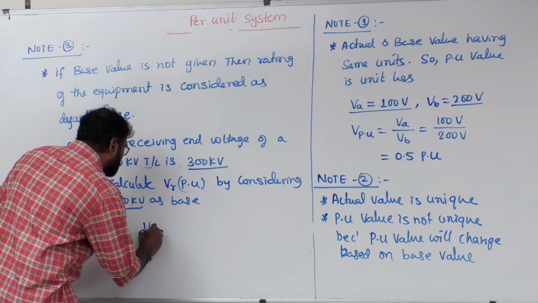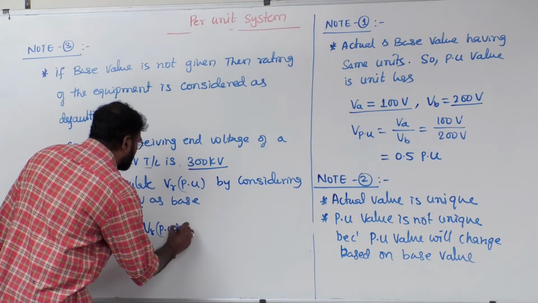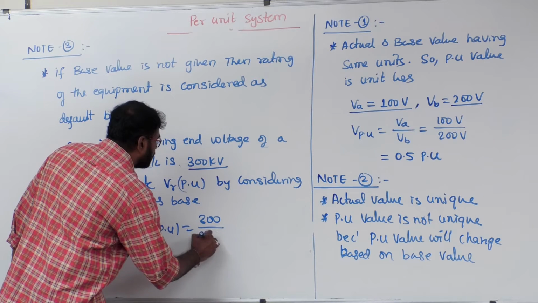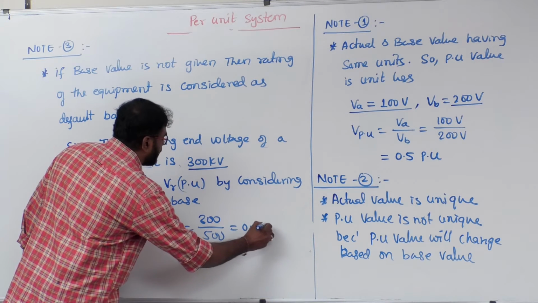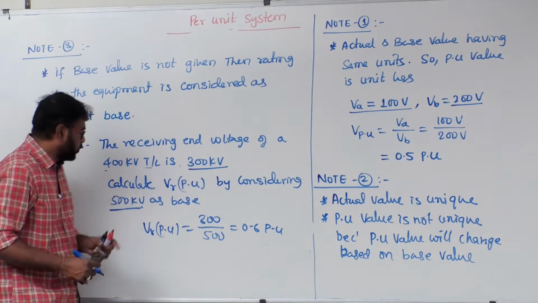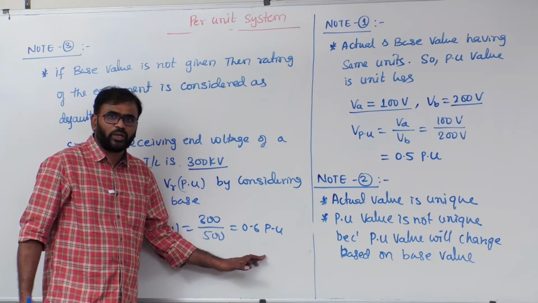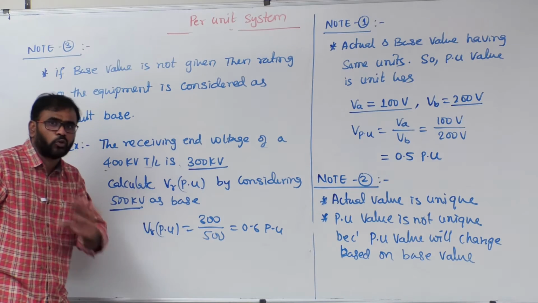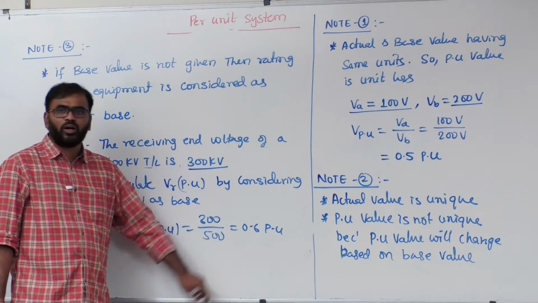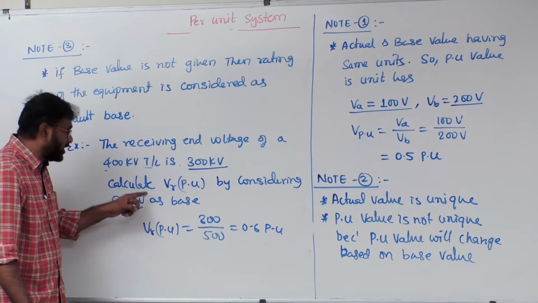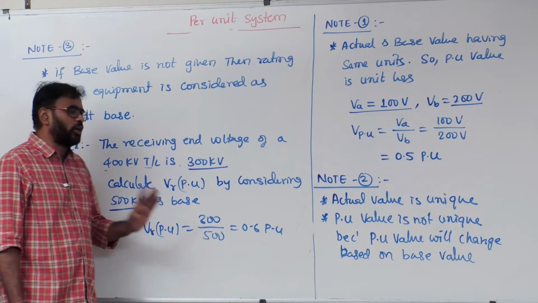Now tell me, what is VR per unit? VR per unit is 300 by 500, that is 0.6 per unit. If you took 400 kV, you got 0.75 per unit, but is that the correct answer in this case? No. The correct answer is 0.6 per unit, because he has mentioned the base voltage, so you have to follow that.